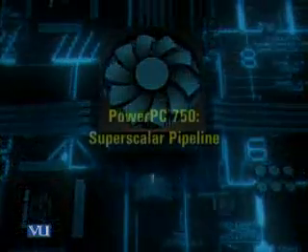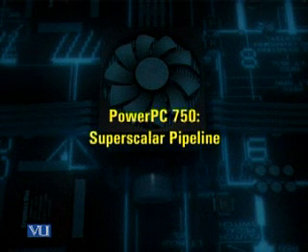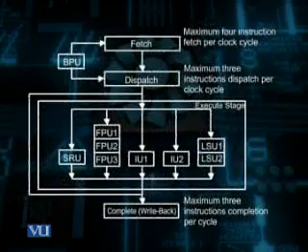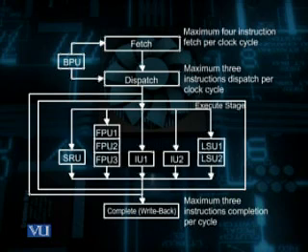Now, let us have a look onto the superscalar pipeline architecture of the PowerPC 750. Here you can see that it contains two integer units, IU1, that can execute any integer instructions, and IU2, which can execute all integer instructions except multiply and divide.